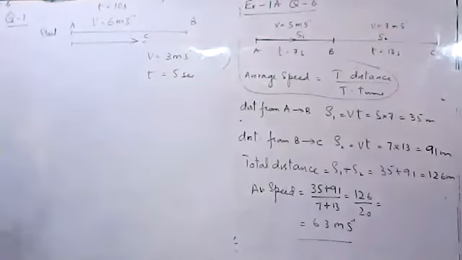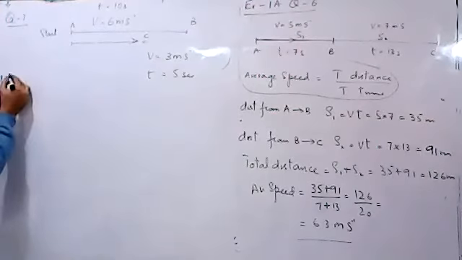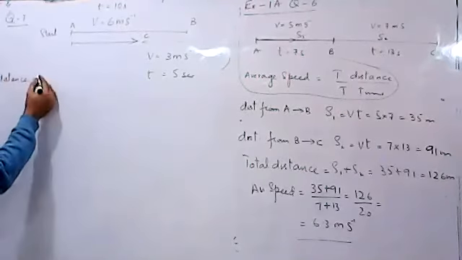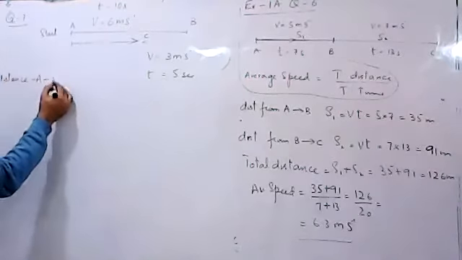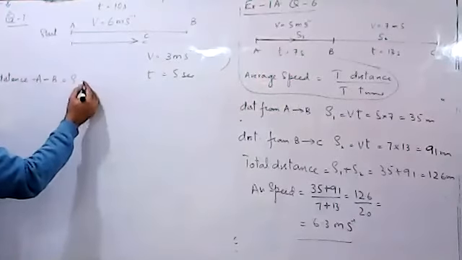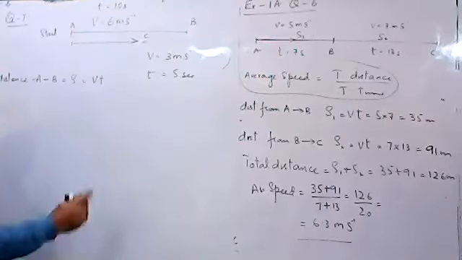For that purpose, again I'll find the distance A to B. That will be S is equal to Vt, because it is traveling at a constant speed. So I'm using S is equal to Vt.